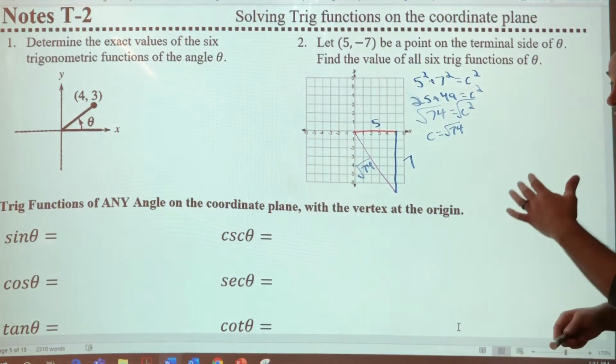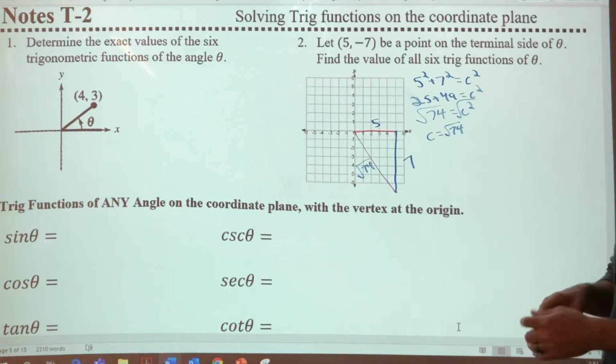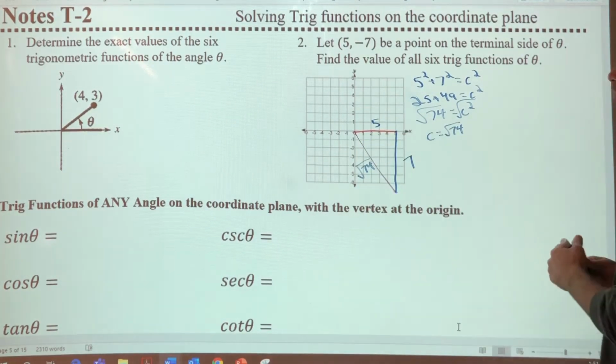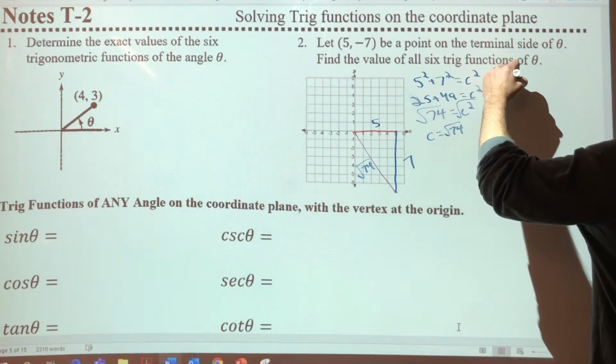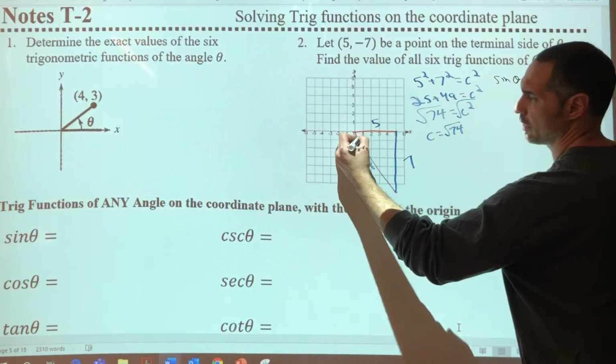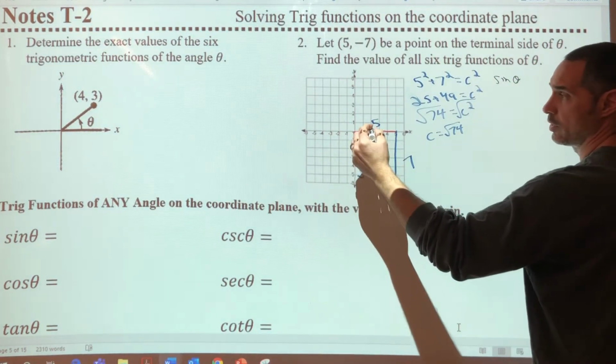Now we're going to find the sine, cosine, tangent function values, but after that we're going to have to talk about if they're positive or negative because they're in a different quadrant. So sine theta, and theta is always found at the origin.